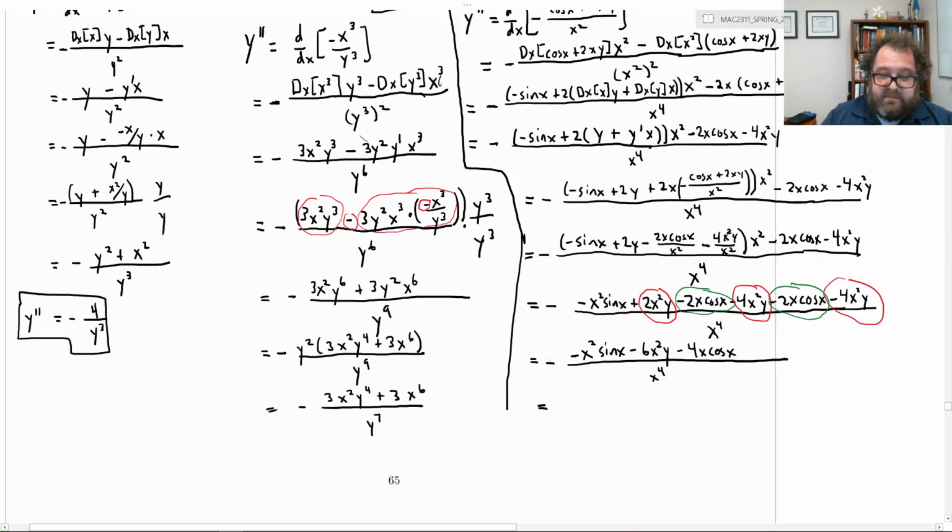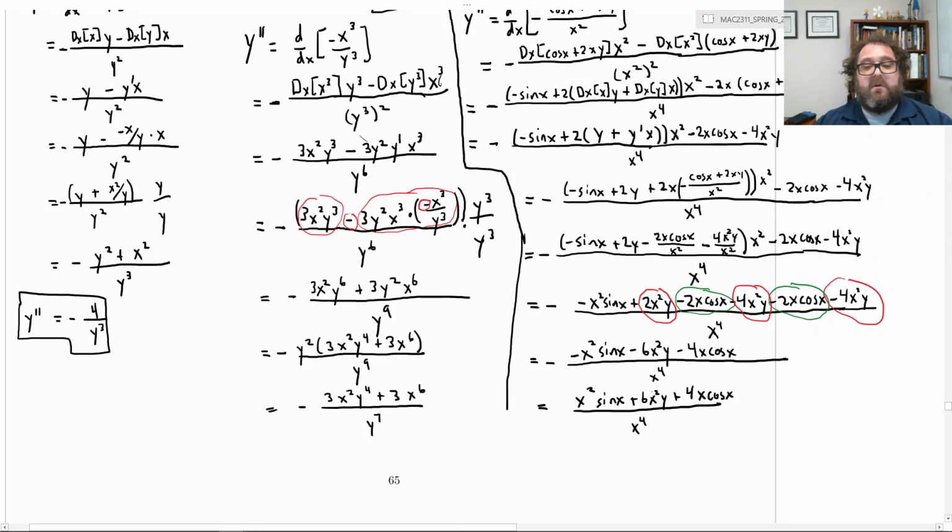This negative sign reverses all the signs on the numerator or the denominator, but I'm going to do the numerator here since that'll make them all positive. So that is going to give me positive x squared sine x plus 6x squared y plus 4x cosine x over x to the fourth.